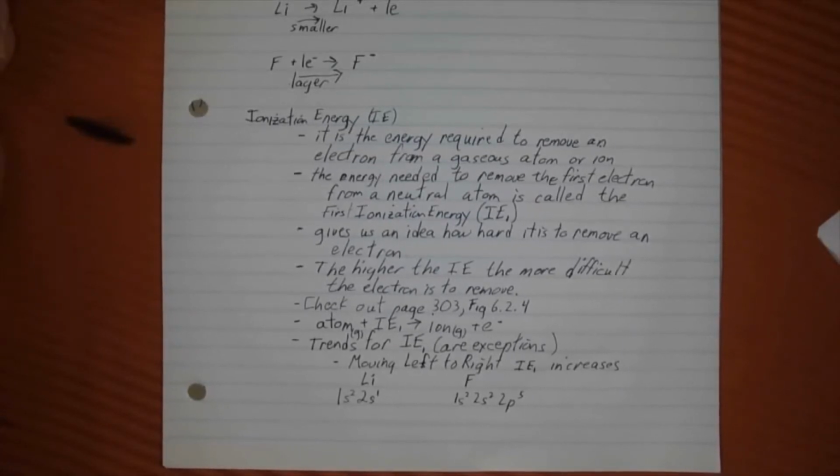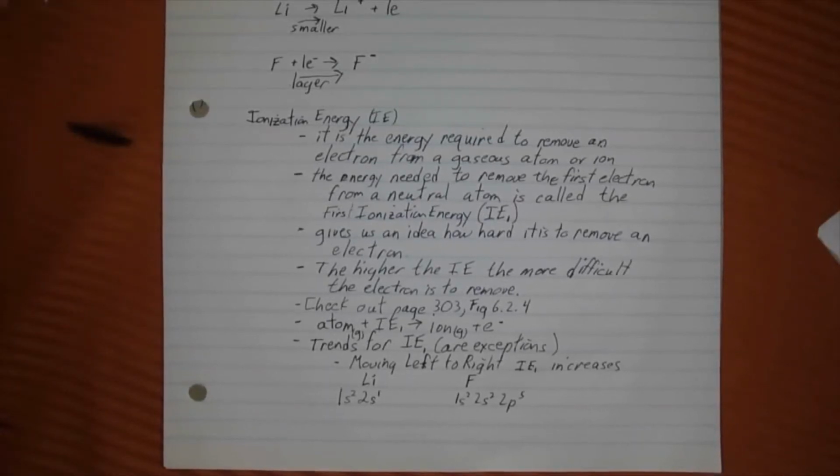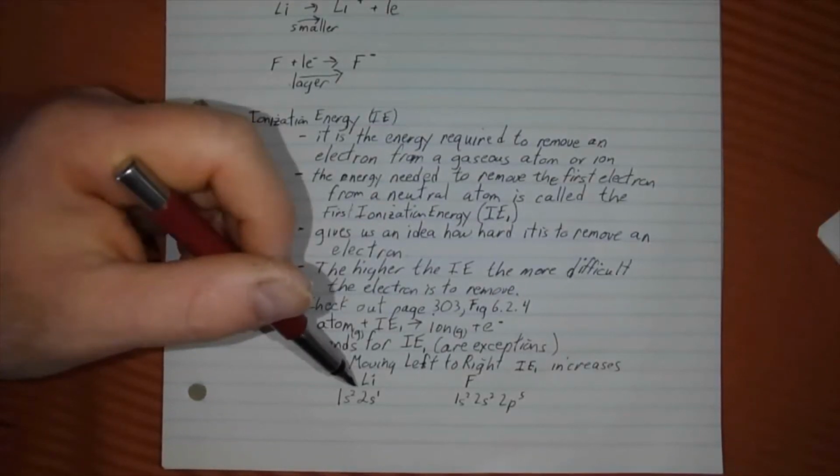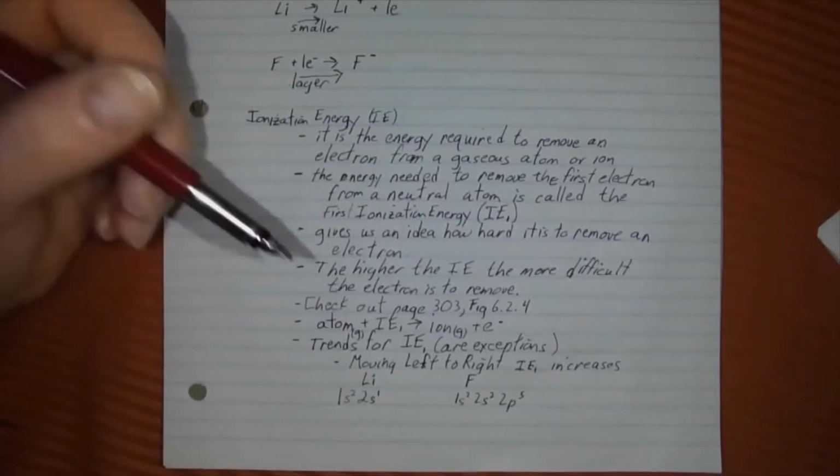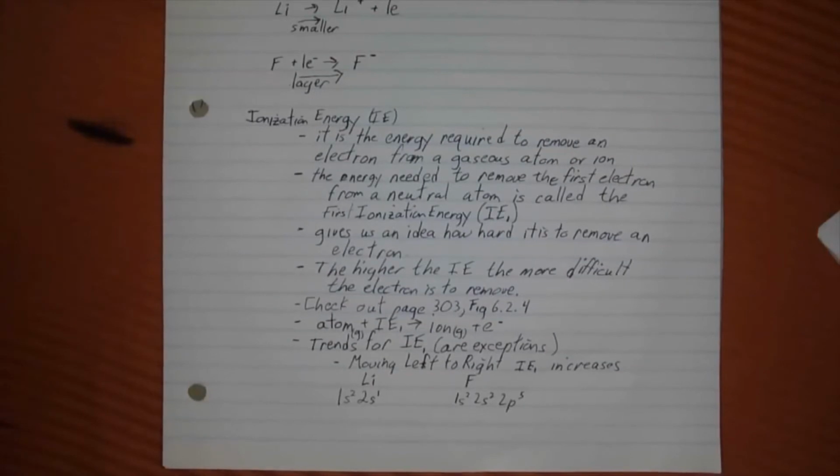They want to get a full valence orbital. They want to be isoelectronic, the same electronically as a noble gas. So lithium is one electron away from the closest noble gas, helium, where it's 1s2. So this electron on lithium can be perceived as a burden. It would be easily removed.